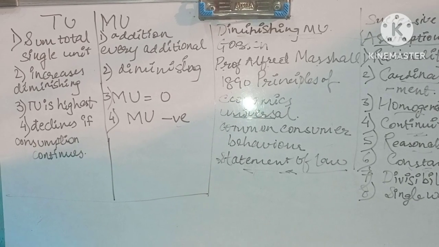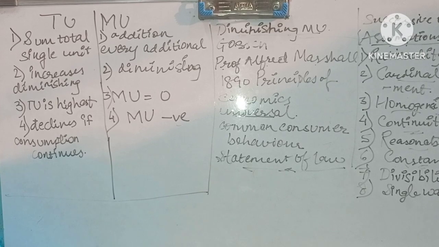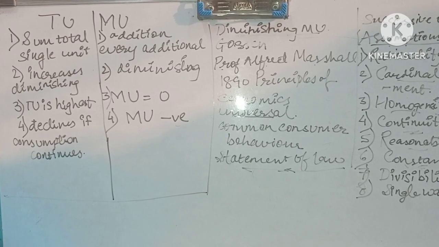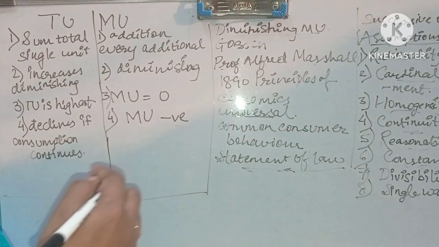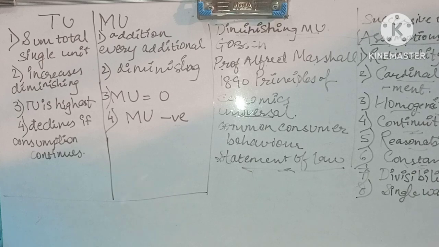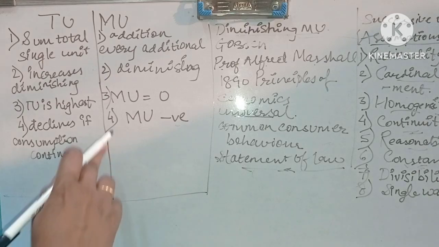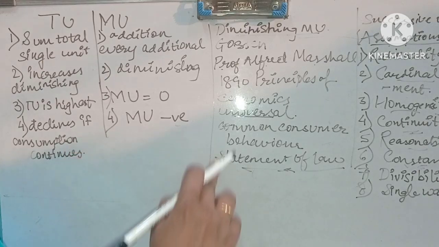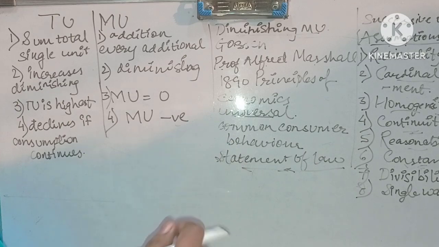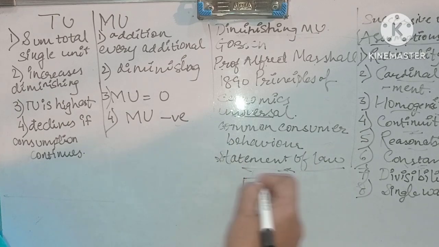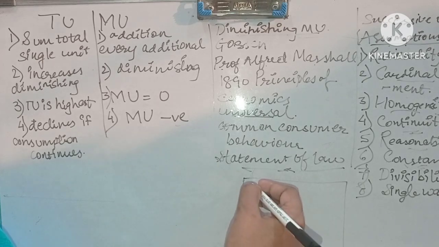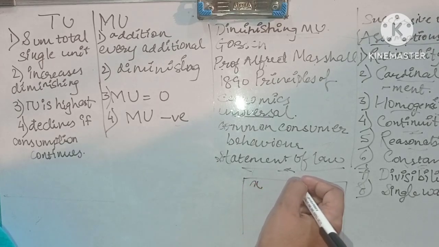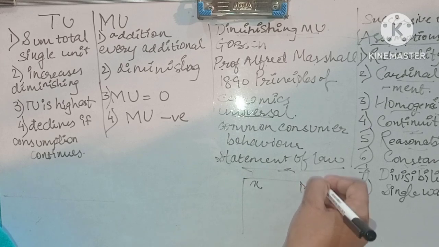Okay, since we have completed the law of diminishing marginal utility and its statement and assumptions, we'll move on to how the law of marginal utility looks. I'll draw a table over here, wherein there are units of commodity X and this is marginal utility.